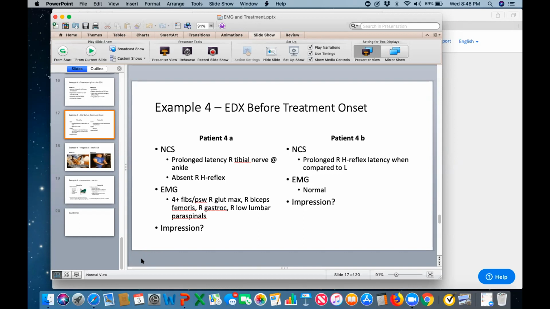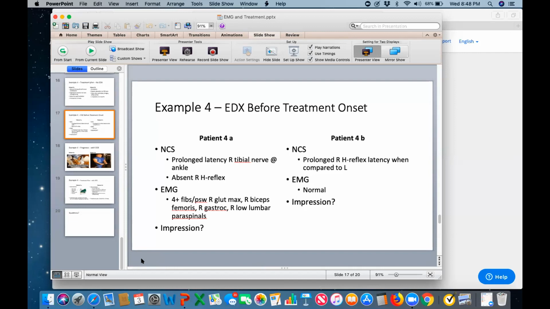So in this case, the person had two impressions. The first impression mentioned would obviously be the severe axonal radiculopathy of S1, but the secondary impression is the tibial nerve injury at the ankle that is demyelinating. So he's got a double whammy, kind of a double crush almost.